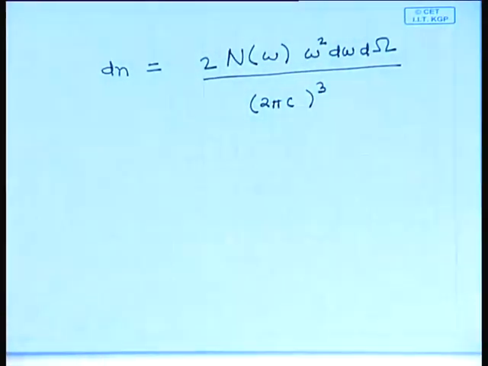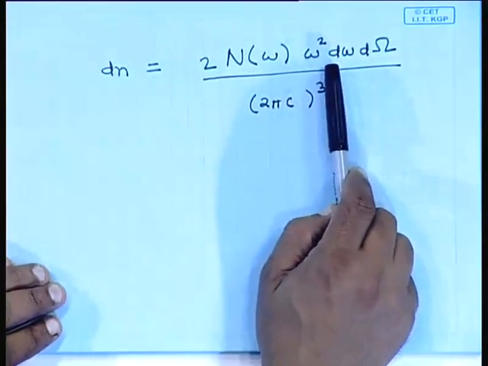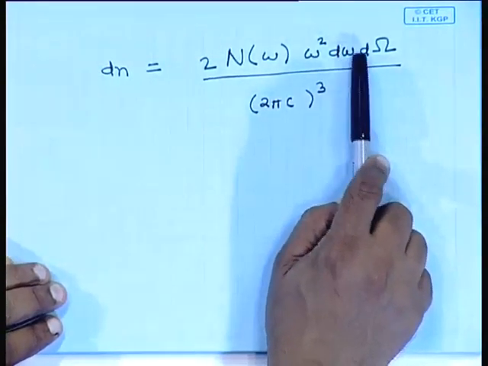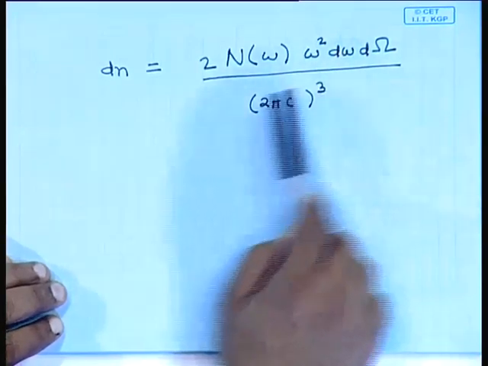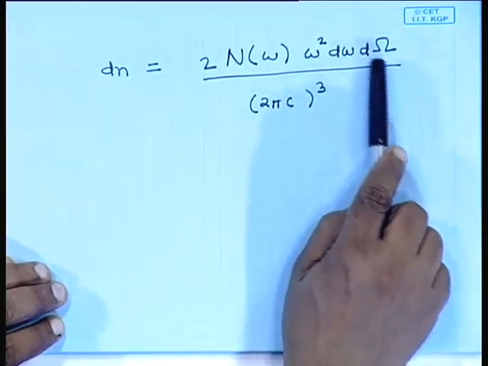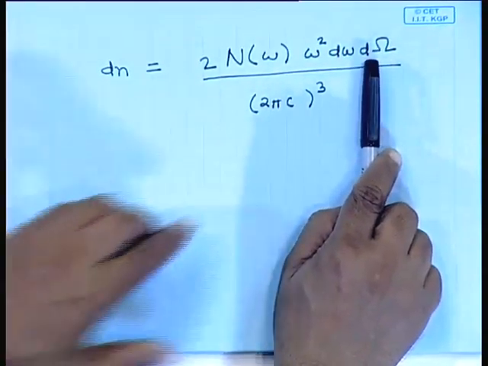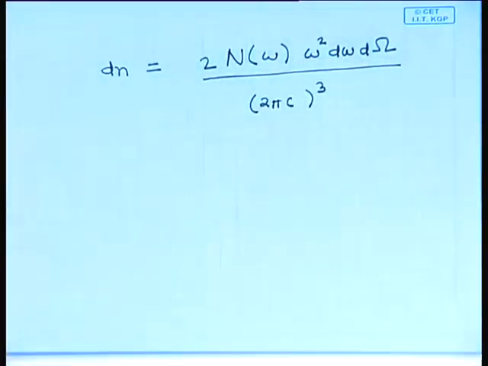I had told you this in the last class. So, this is the number density of particles with angular frequency in the range omega and omega plus d omega, and having direction in the solid angle d capital omega. So, these are particles which are moving in this solid angle with this angular frequency.